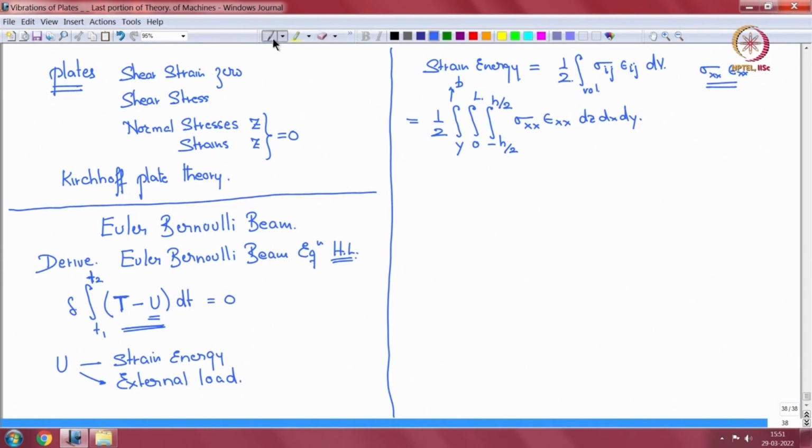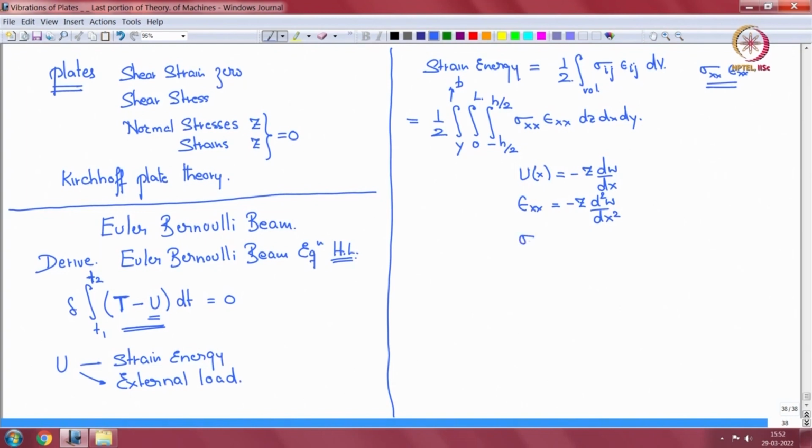Let us talk of the displacement u of x, which is now minus z dw by dx. Then epsilon xx is equal to minus z d2w dx square.